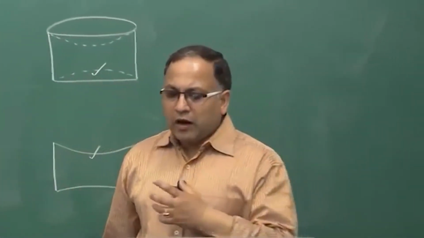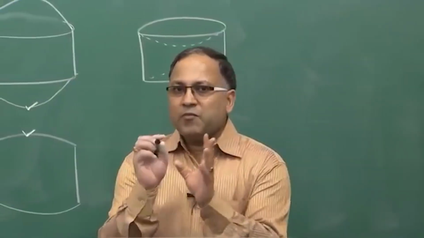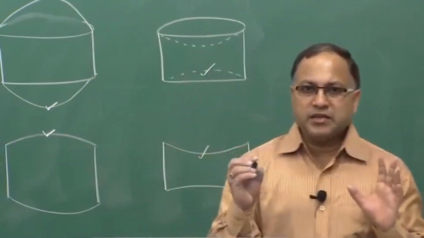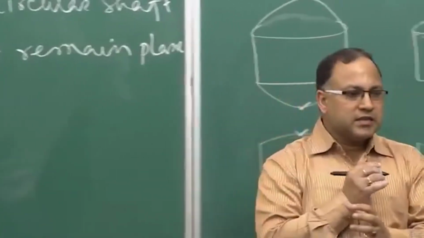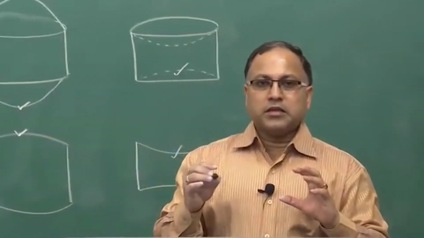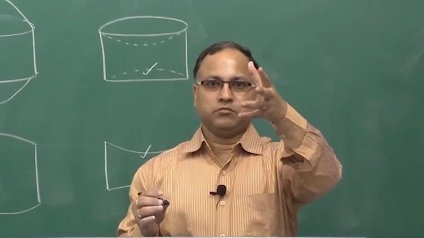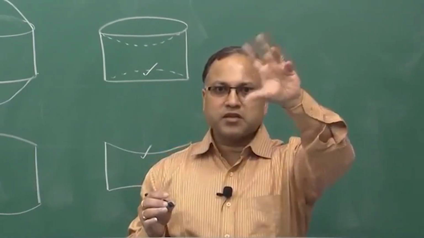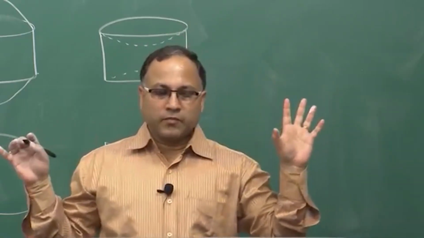Okay. So, after that you just look at what I have done. I have not done anything, everything is remaining same. This segment is under the twisting moment and everything is remaining same, the sense of rotation is remaining same. Only thing is that under the same loading I am just rotating the whole drum. I am making the top surface the bottom surface and bottom surface the top surface, that is all.